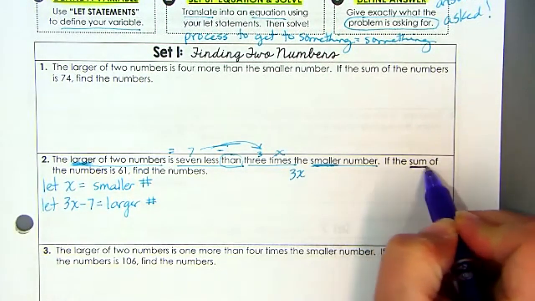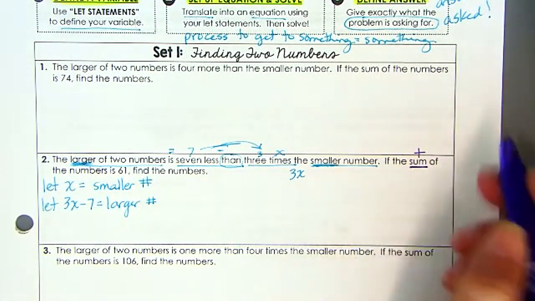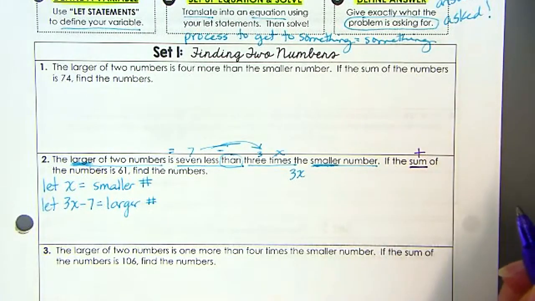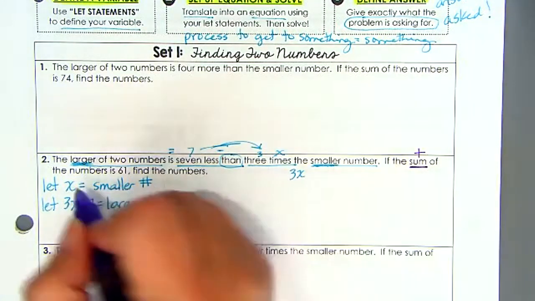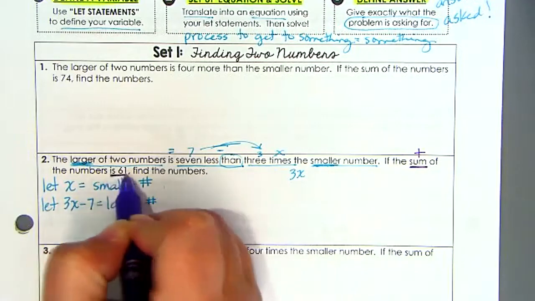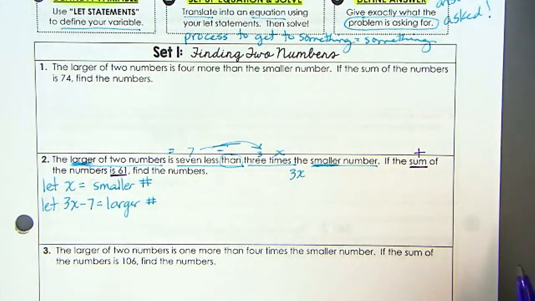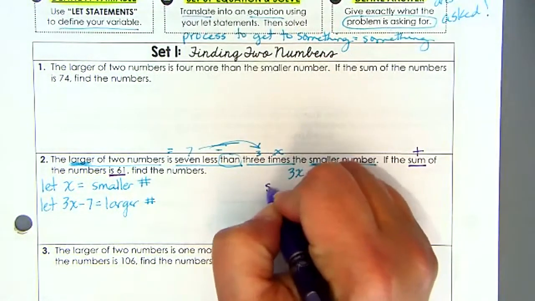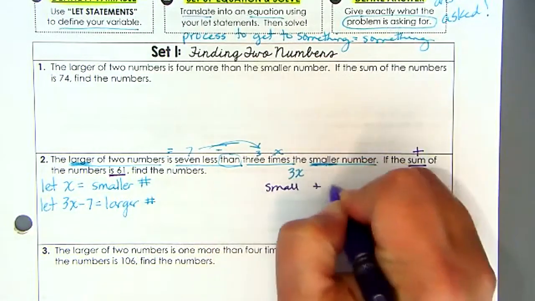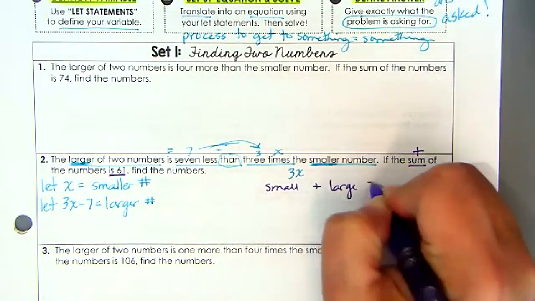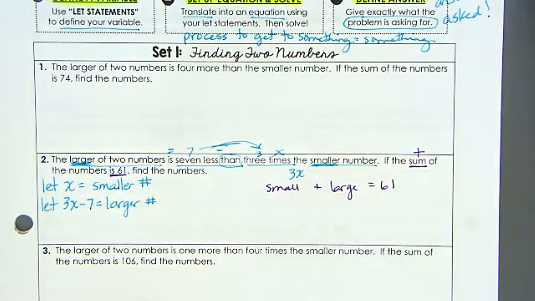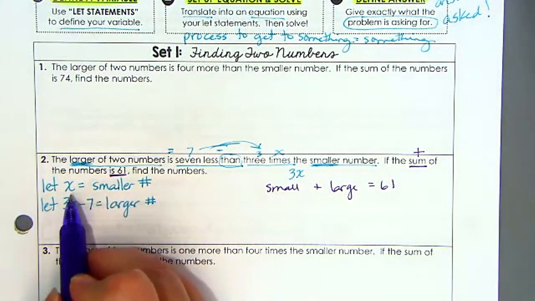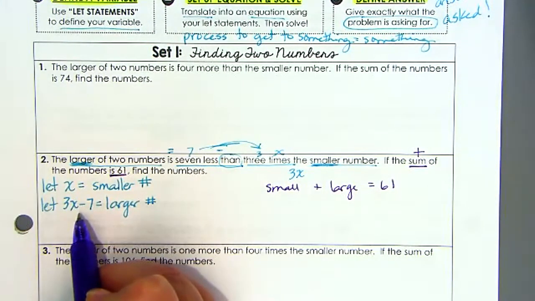Now we go into the next part of this. The sum. Sum means addition. It's the answer to an addition problem. The sum of the numbers is 61. So that means I'm going to have the small plus the large equals 61. And I'm going to take what's representing each one and plug it in.